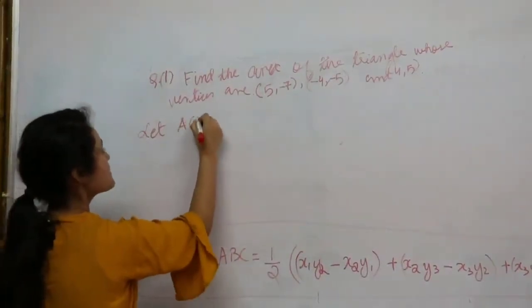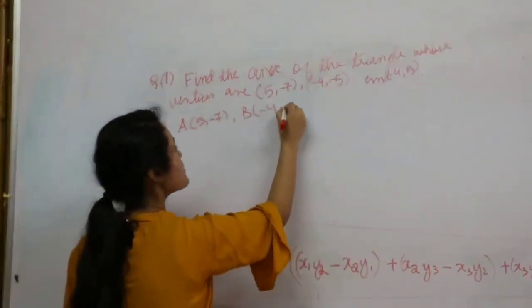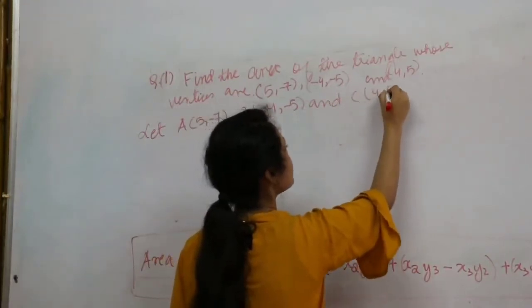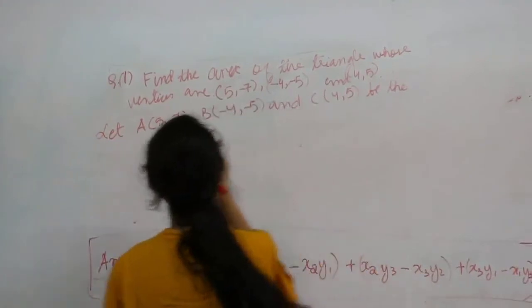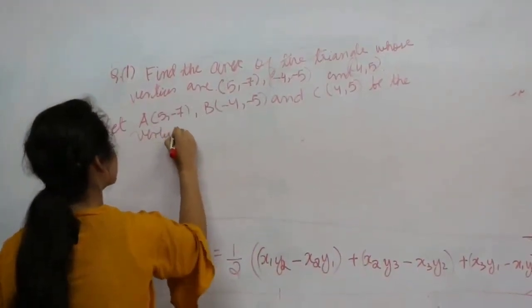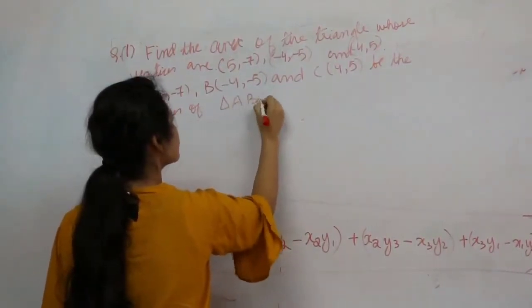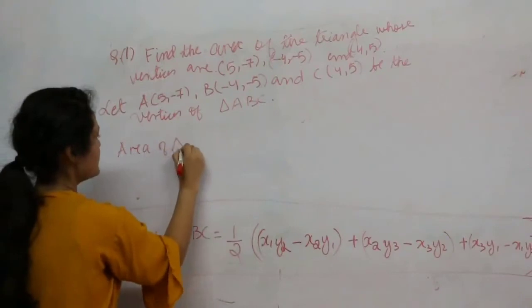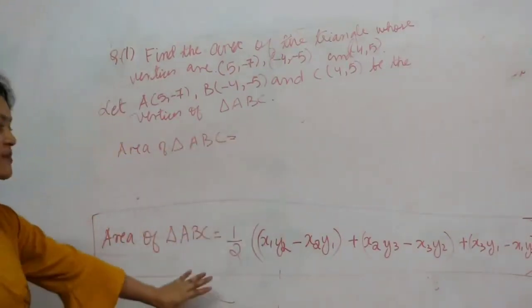Let A 5, minus 7, B minus 4 minus 5, and C 4, 5 be the vertices of triangle ABC. So therefore area of triangle ABC, you just apply directly this one.